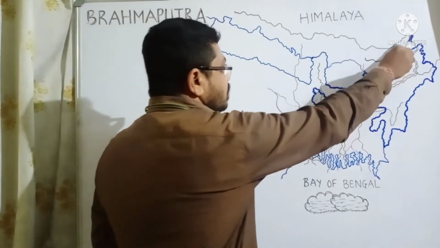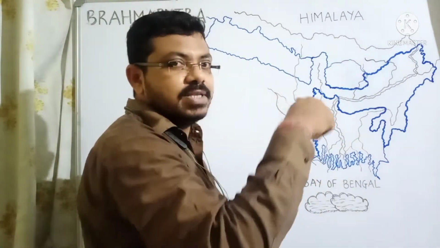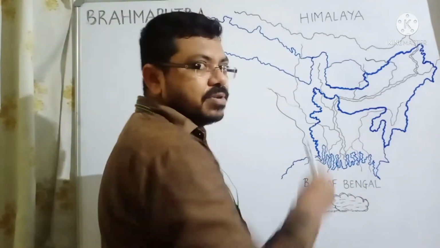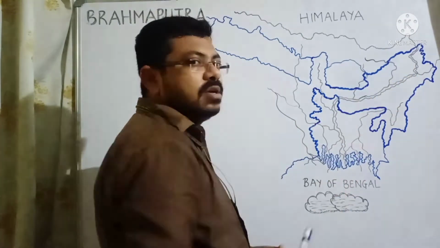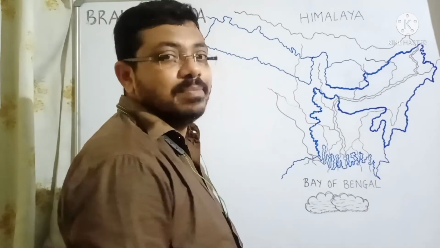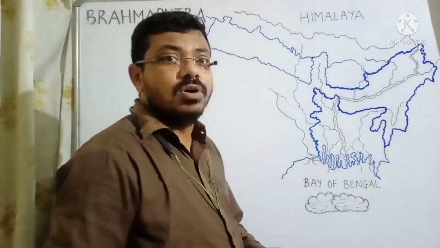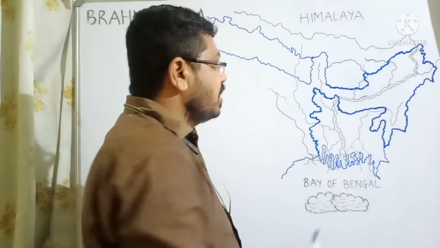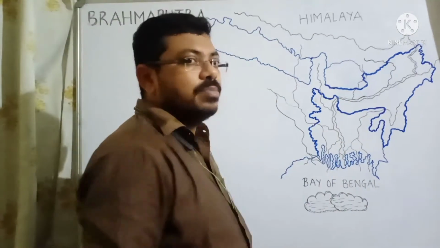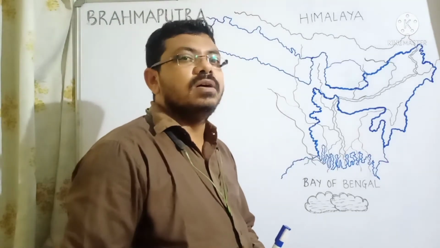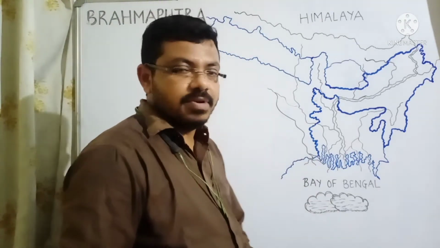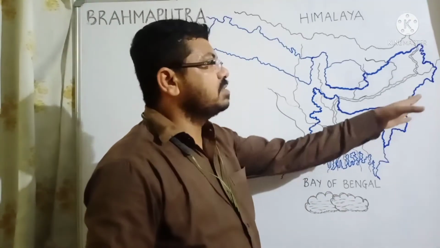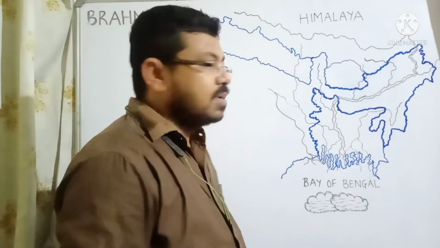From Namcha Barwa, it enters into India, in Arunachal Pradesh, and then the river starts flowing into the plains, the Assam plain region, also called the Brahmaputra plain region. Finally it enters into Bangladesh, where it merges with the river Ganges, and then it becomes Meghna. So this is how the structure of this region is.